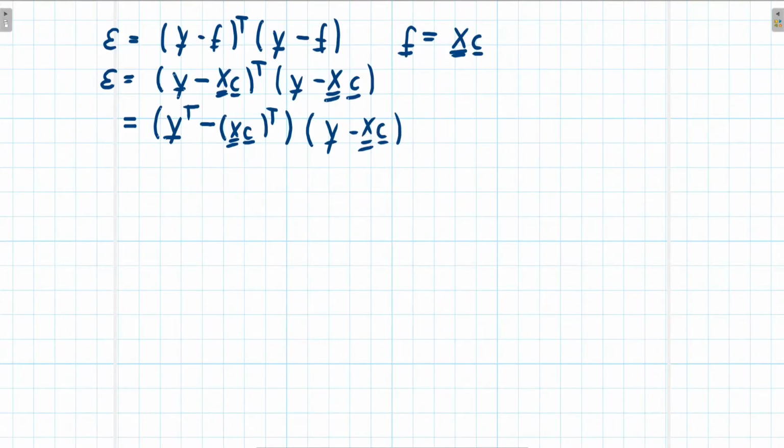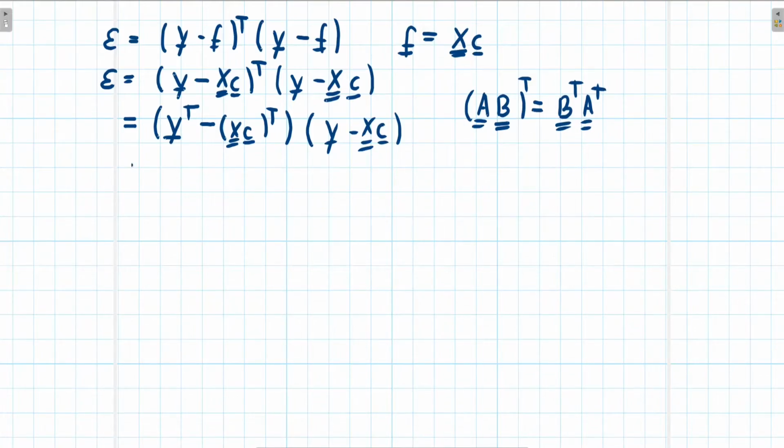And for those of you who are familiar with linear algebra, you've probably seen a rule for taking the transpose of a matrix or matrix vector product. That rule is if you have a matrix A multiplied by a matrix B, and you take the transpose of that product, then the result is going to be B transpose A transpose. So you have to switch around the ordering.